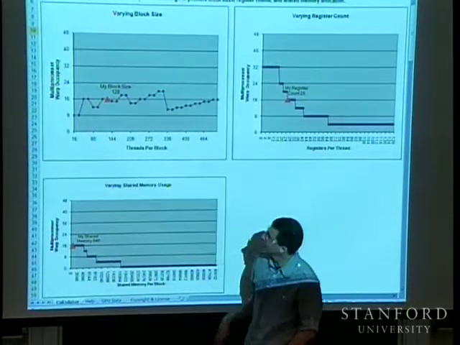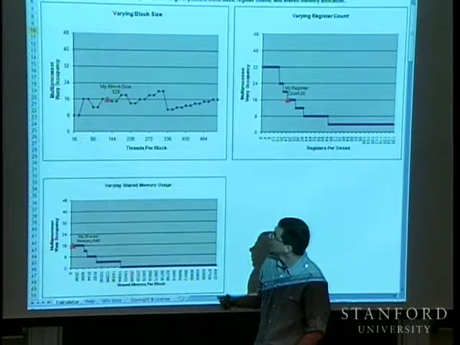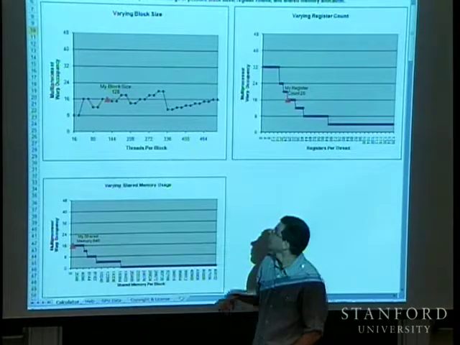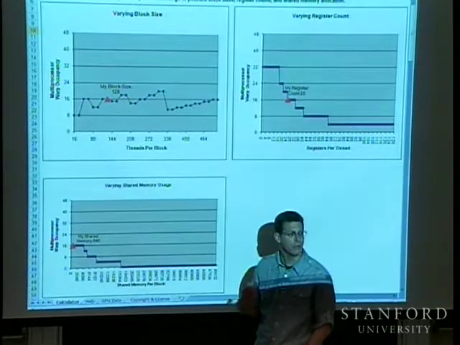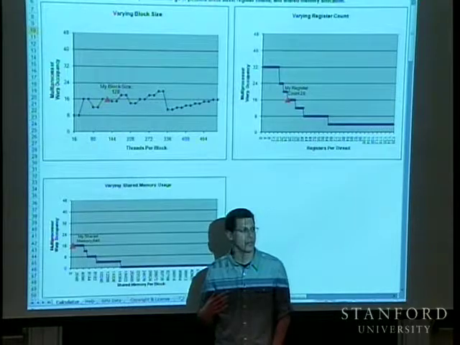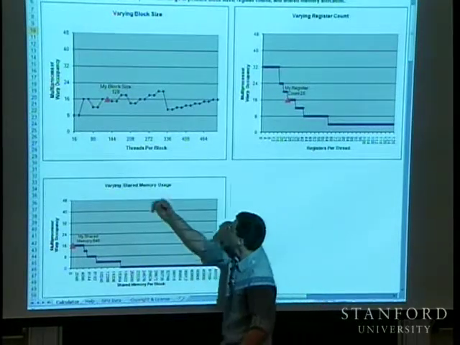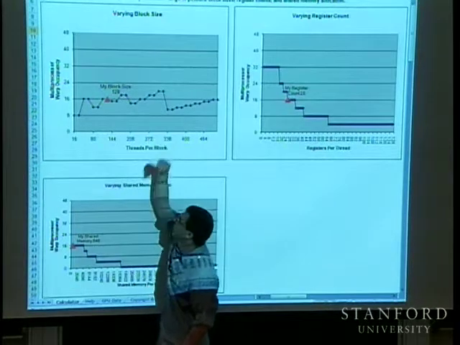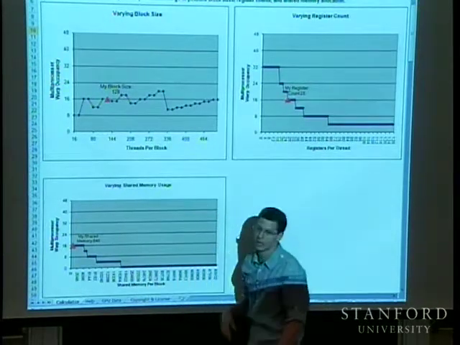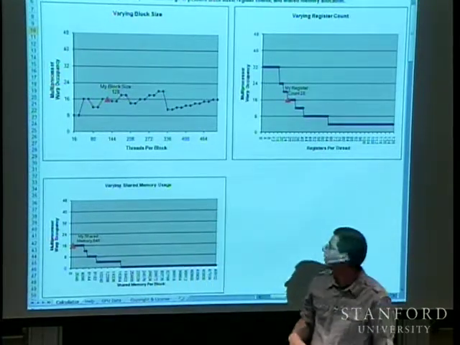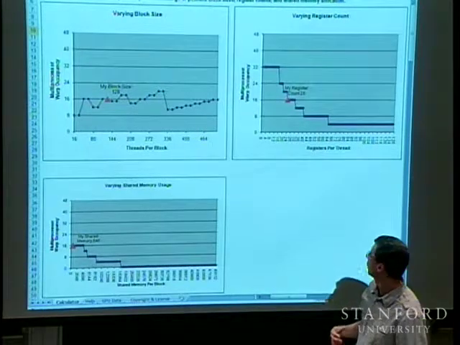You can see that even though we chose a certain thread block size, if the amount of shared memory per thread block is constant, then we should have actually chosen a different thread block size and gotten a higher occupancy. In this particular case, the difference is very small, so it probably doesn't matter.